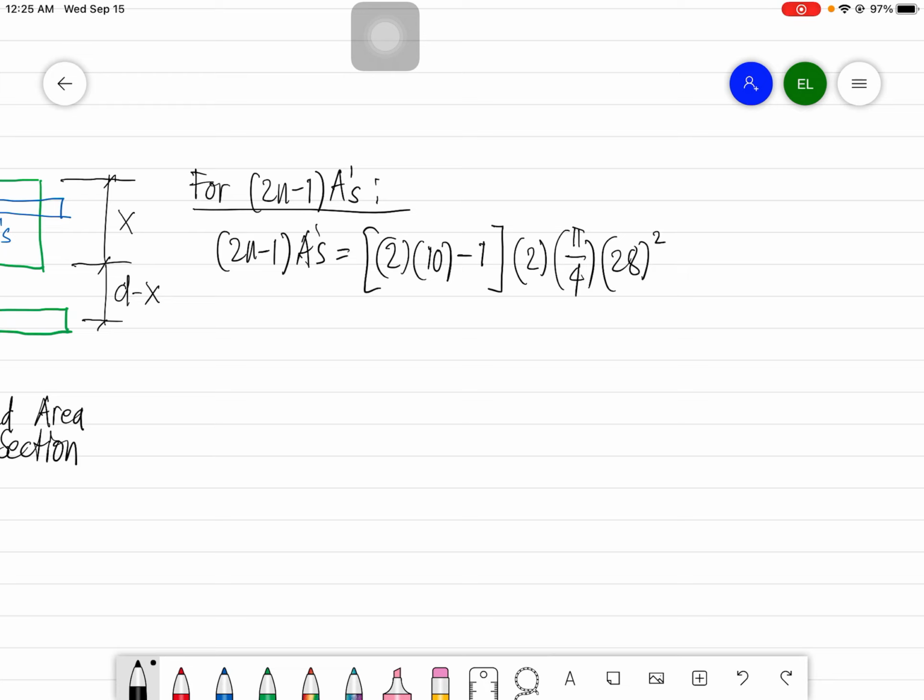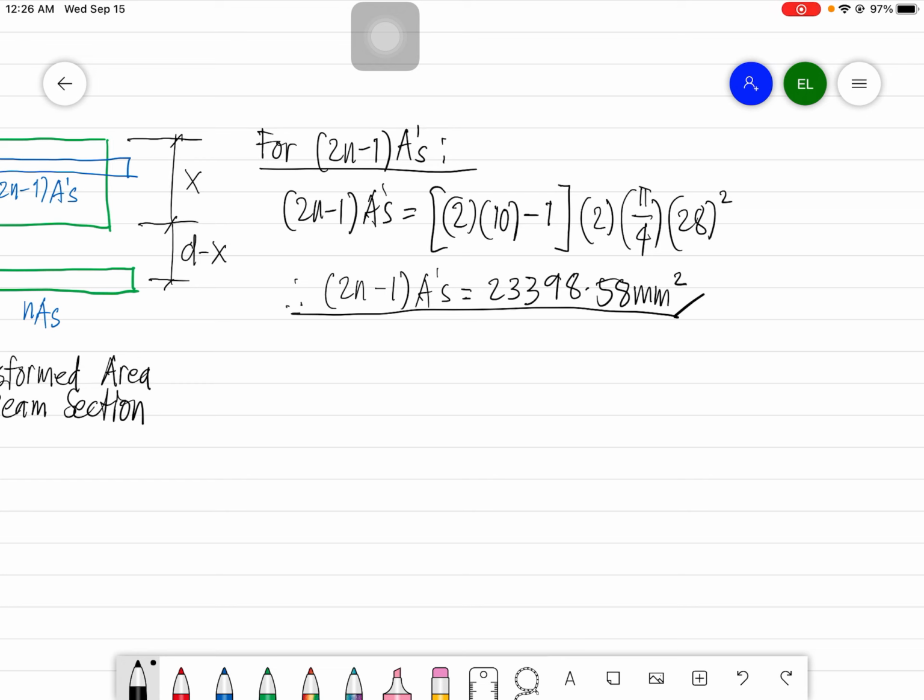Therefore 2n minus 1 As prime is equal to 23,398.58 mm squared. Okay, so that is for 2n minus 1 As prime.